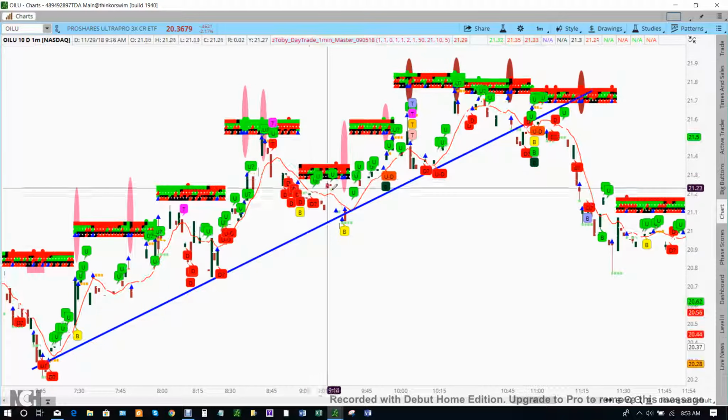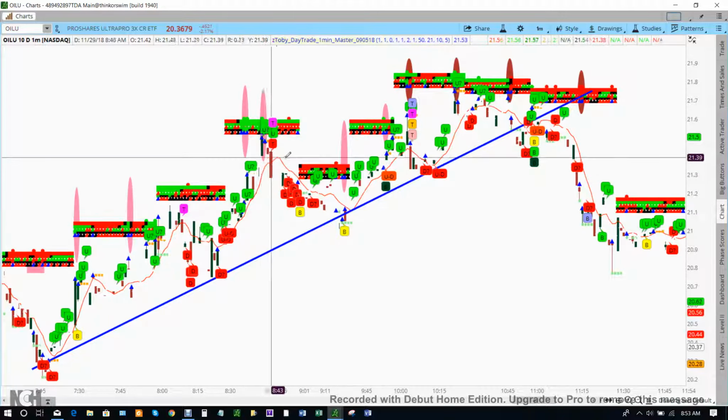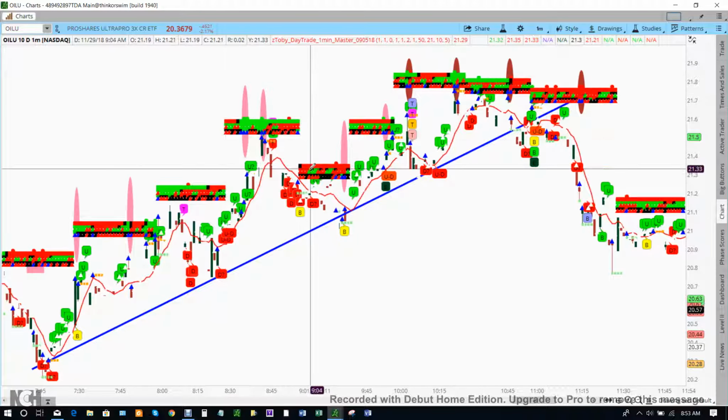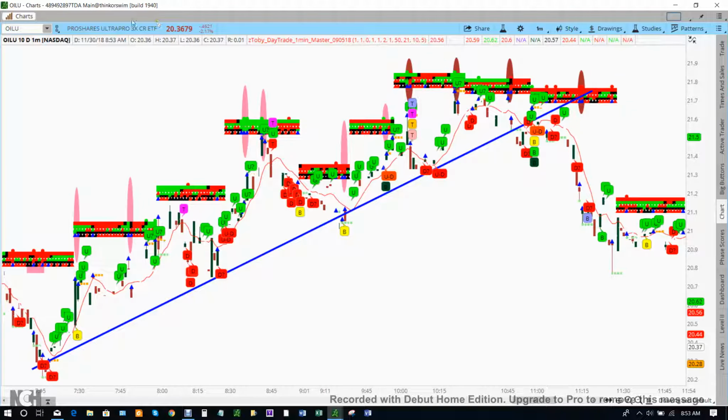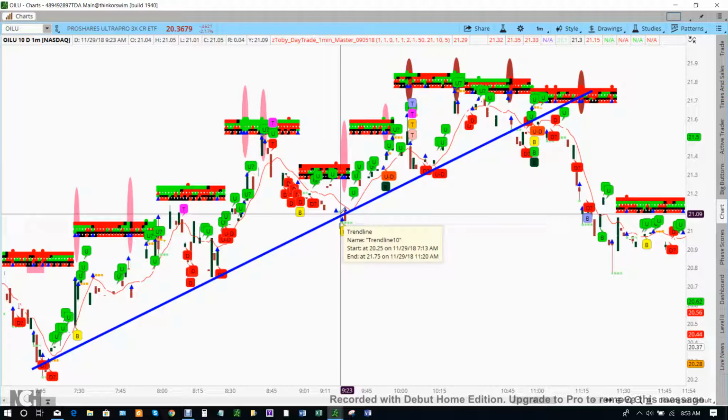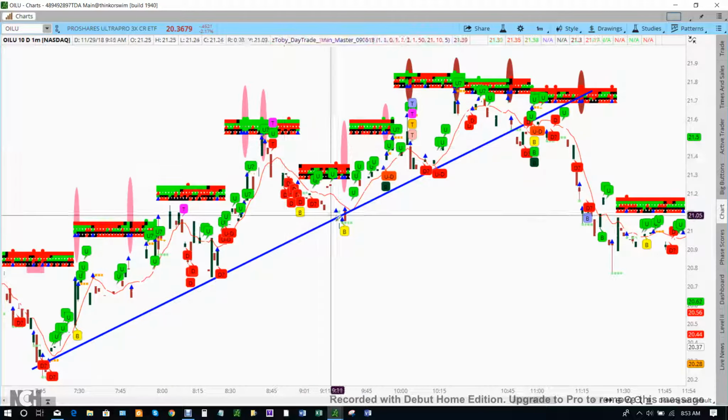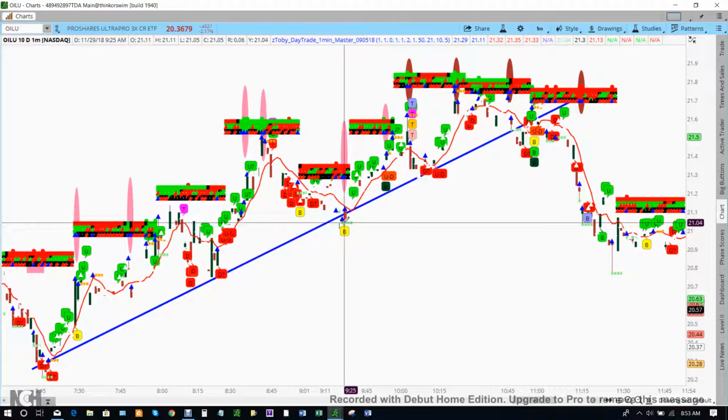So that's 1.5%. Well, since this is a 3x, 3 times stock, 1.5% here corresponds to making only 0.5% in an individual stock. So you get 3 times the profit.